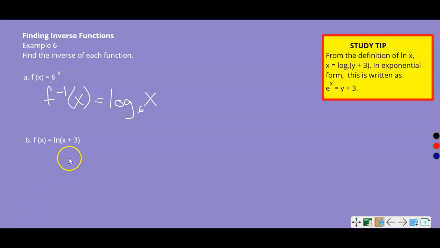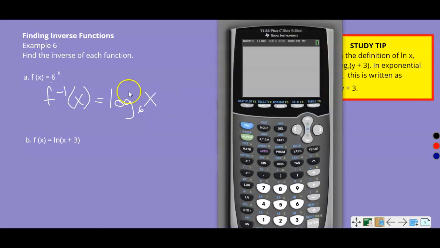So we are going to graph in the next problem, but it says find the inverse, and we've already talked about inverses being a reflection across the y equals x line. So let's use our calculator to graph both the function and the inverse and just kind of visually see how these two are inverses of each other.